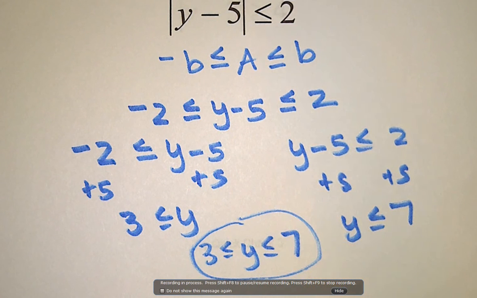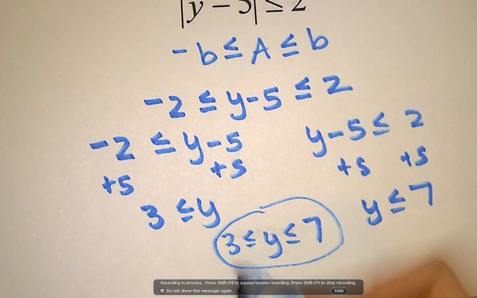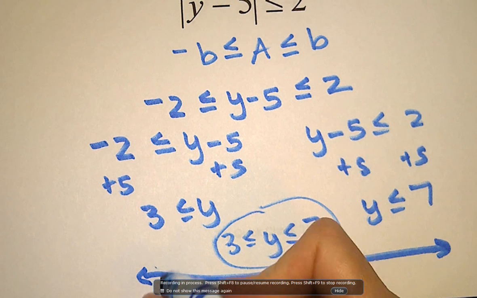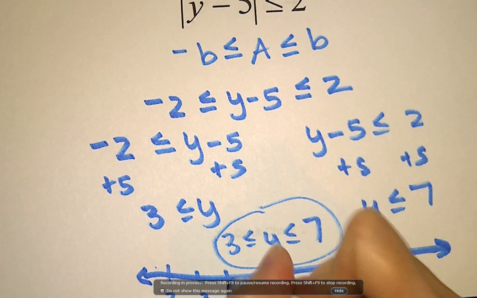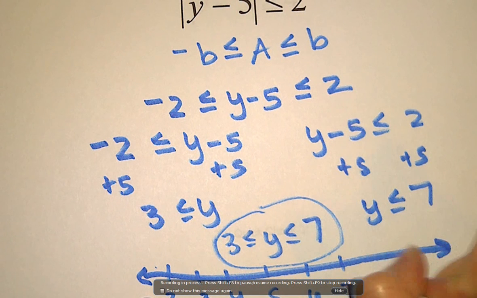But again, I'm going to check this. Since this was y minus 5, I take my number line. I'll go 2, 3, 4, 5, 6, 7, 8, 9.